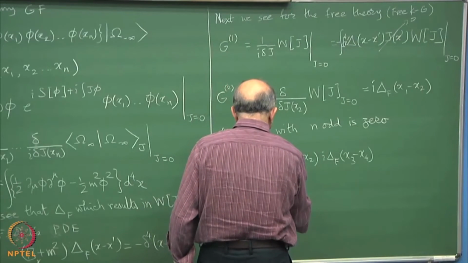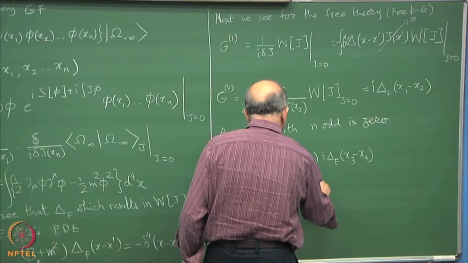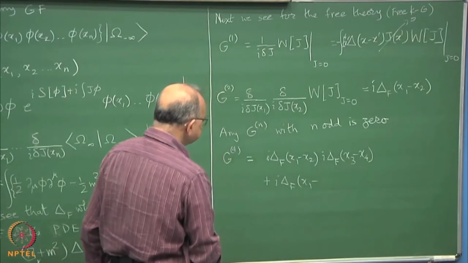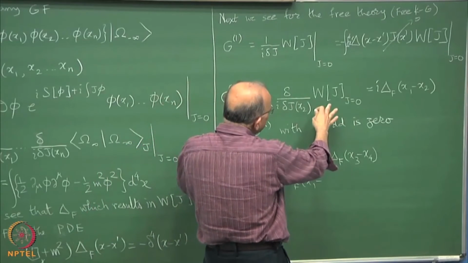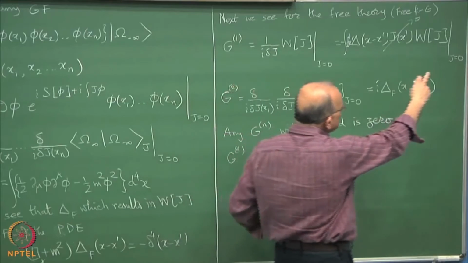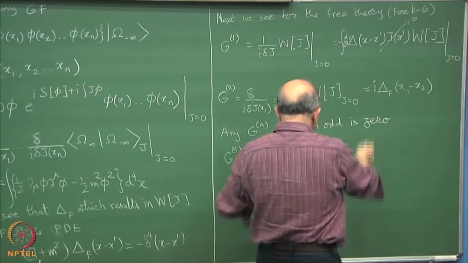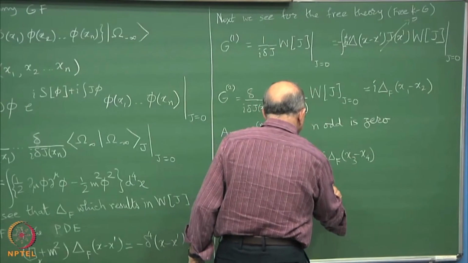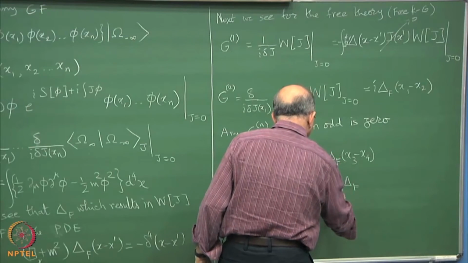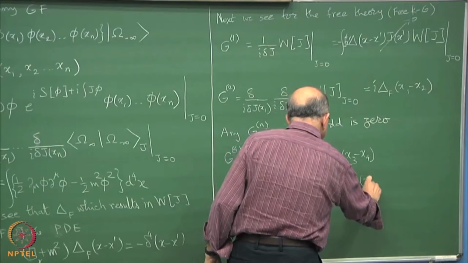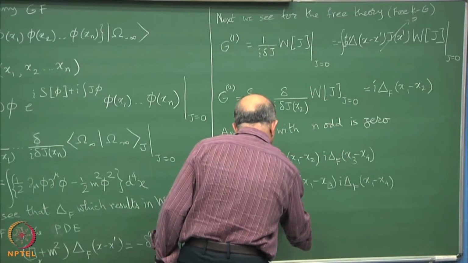So you can get this plus I times delta x1, since you are going to differentiate with respect to all the 4 and set J equal to 0 in the end, temporarily you can get various combinations down. So you will also have this. So all the permutations happen.